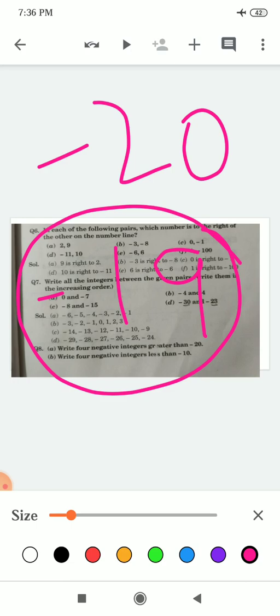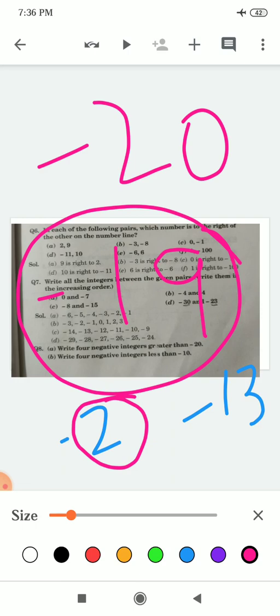It will be just the opposite. Again I am repeating, if two numbers are there, like minus 2 and minus 13, the number which is smallest, this is 2, having negative sign will be greater than minus 13.